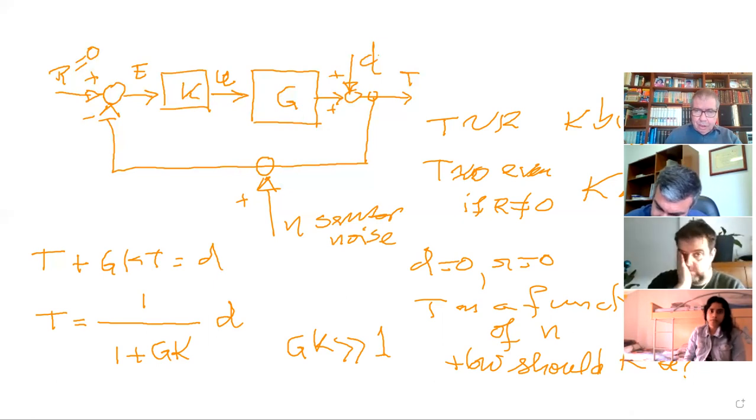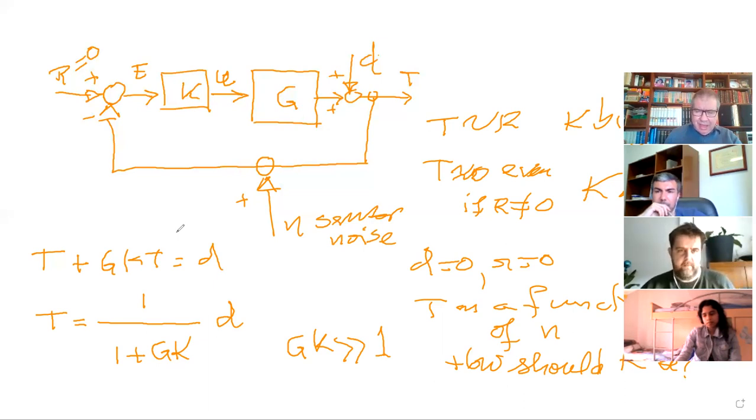You understand? So do a similar analysis, compute the temperature T as a function of N, assume D equal to 0, R equal to 0, compute the influence of N on T, doing the same computations that we did before, and then make some conclusions about what range K should have so that the sensor noise does not affect your T. What do you expect?